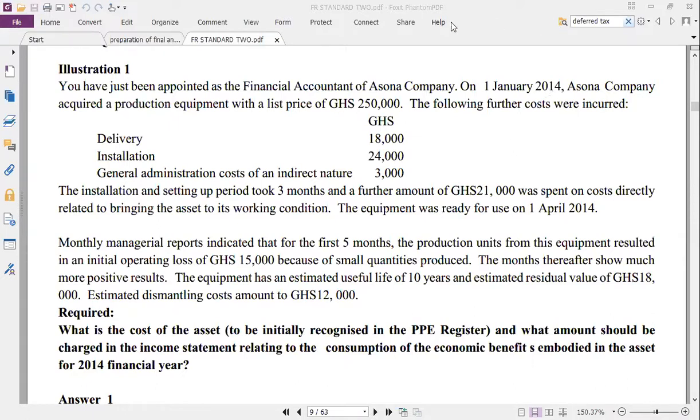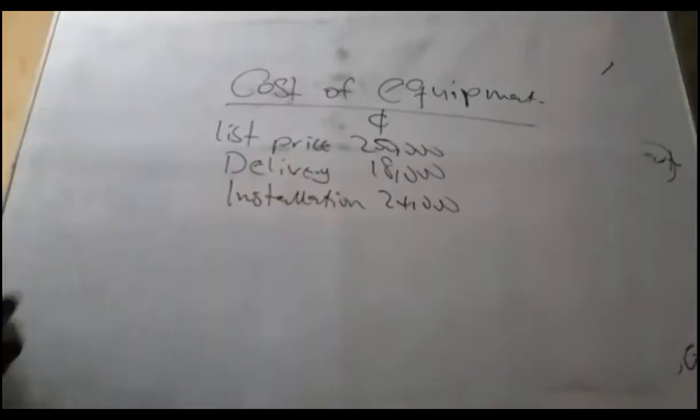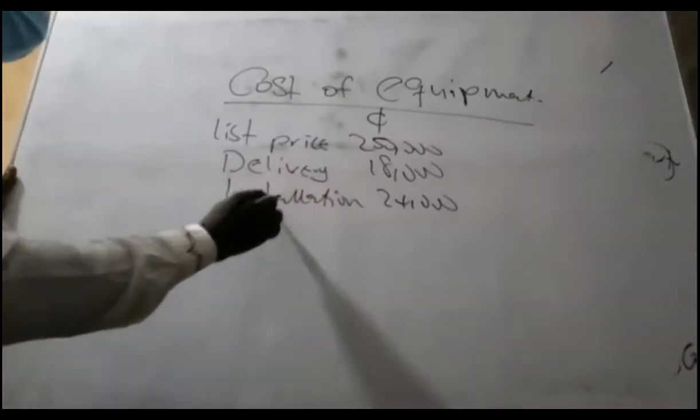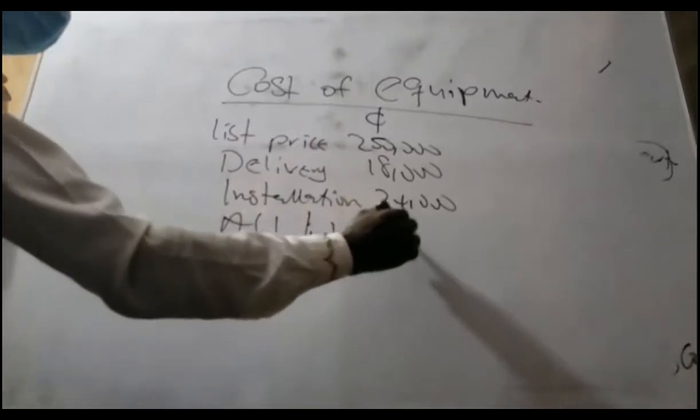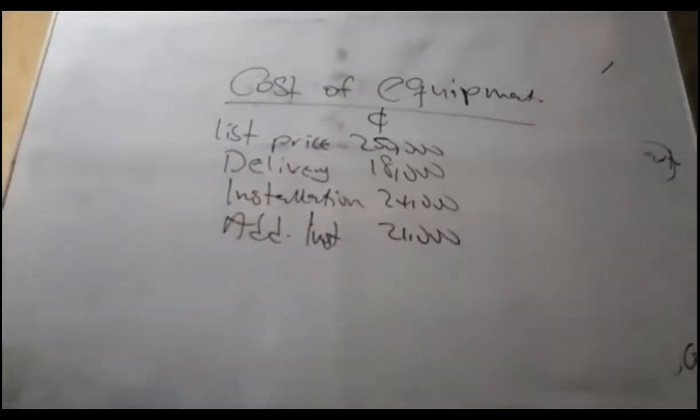Should they add it? Yes, so to be part. So we call it additional cost incurred. So this additional installation cost of 21,000 will be part. Now let's continue the game.